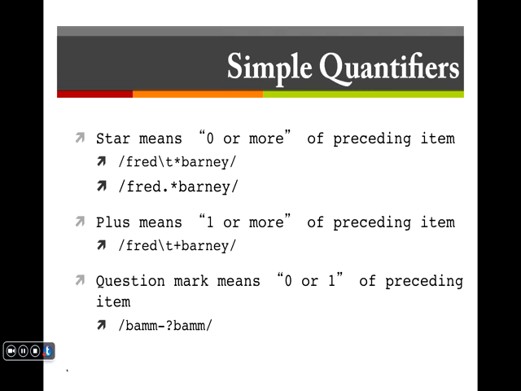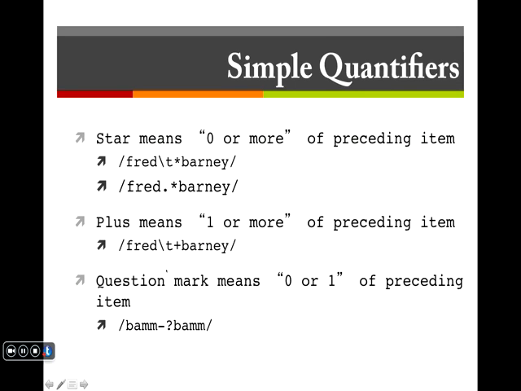Now, of course, it is not sufficient that you only work on a single character. You need to work on a longer string of characters. How can we solve this one? We have the star, which is very famous from long ago from Unix, to be used in regular expressions, which means 0 or more of the preceding item.